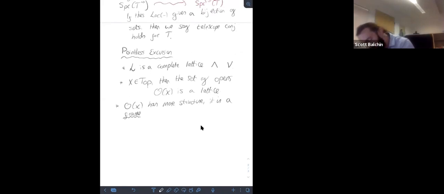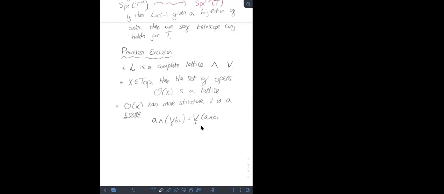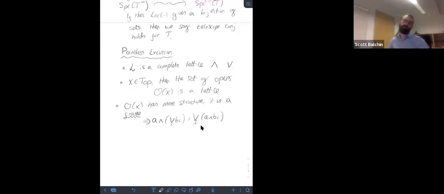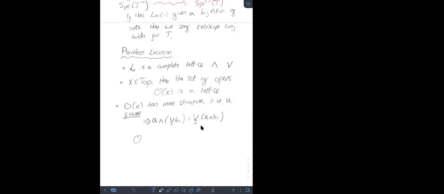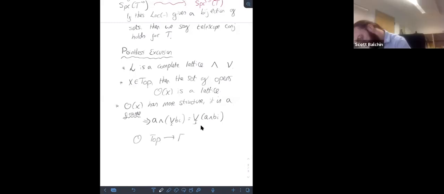A frame is a lattice where if I take the meet over an arbitrary join, this is the same as the join of the meets. So the lattice of open sets of a topological space has this frame property. And this sets up a functor, O, which runs from topological spaces to the category of frames, op.